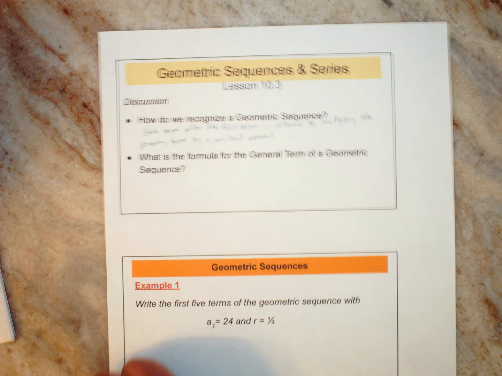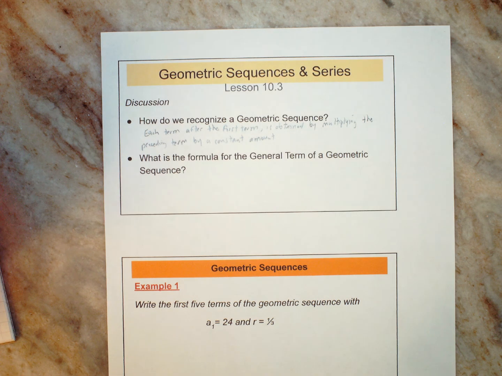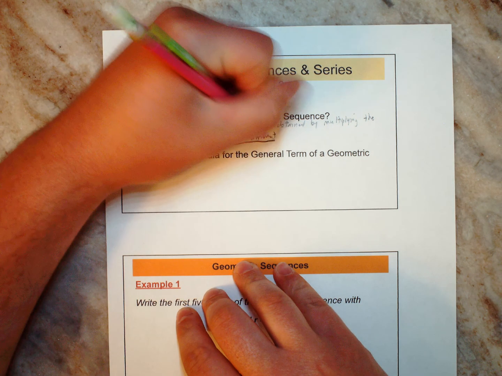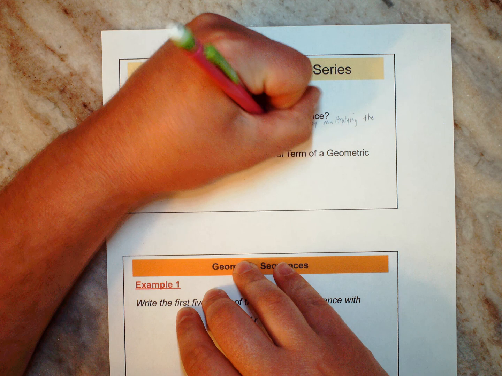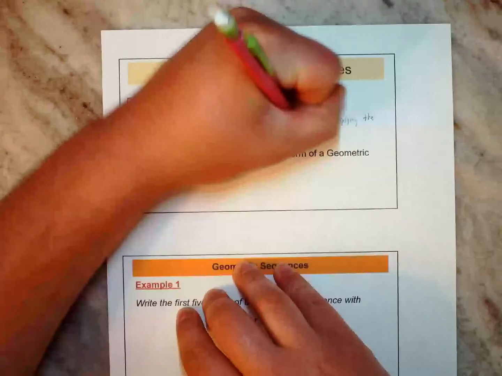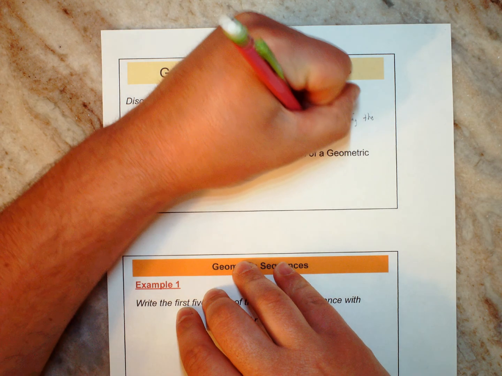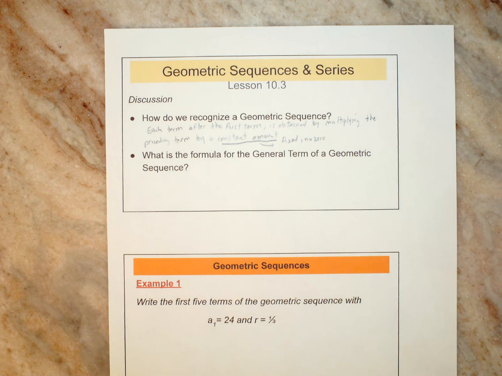So basically, you get the next term by multiplying the term before it by a number, the same number. This constant amount is fixed. It is non-zero. So you basically just get the next term by multiplying the term before it by the same thing each time.